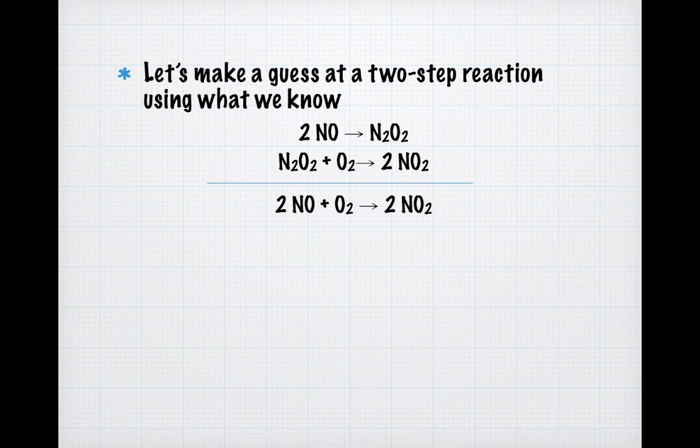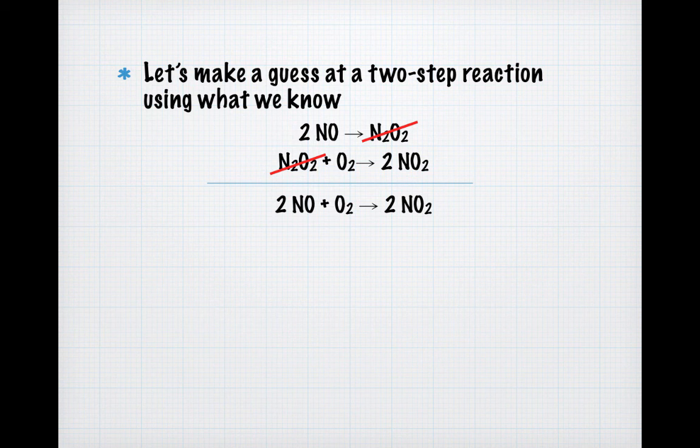Notice that both of these steps in the mechanism are balanced, and that's very important. Your individual elementary steps do also have to be balanced reactions in and of themselves. Now, to make sure that this mechanism adds up to the overall reaction, if there's anything in the products and in the reactants, it's something that we can cancel out.